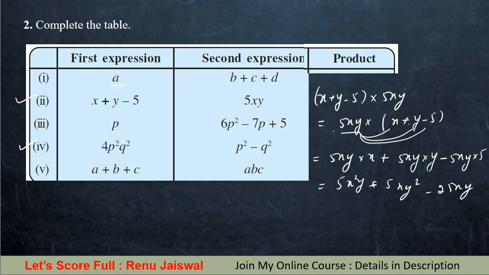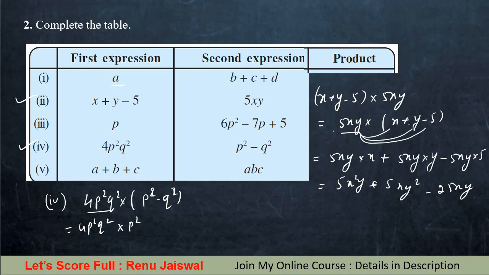Coming to the fourth question, we are solving the fourth one. 4p square q square multiplied by p square and q square. So again distribution property, 4p square q square, give this to everyone, correct?